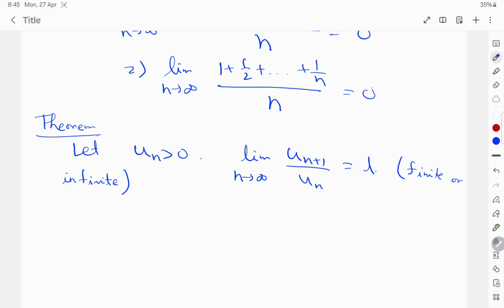Here we are trying to prove the finite case, the infinite case is your homework, okay.